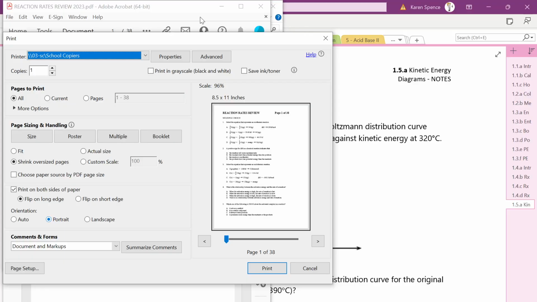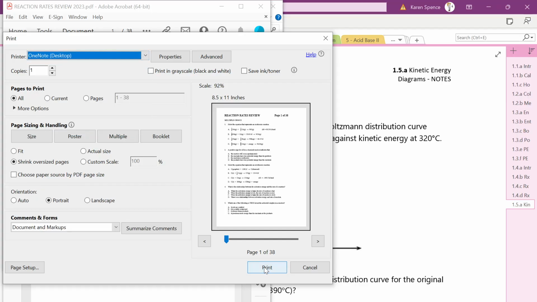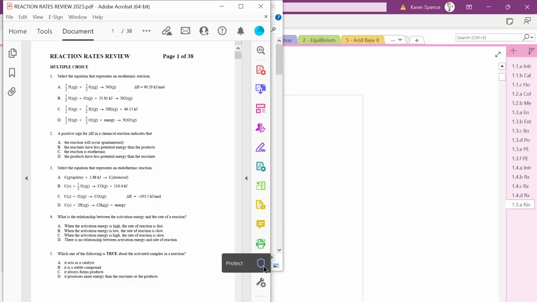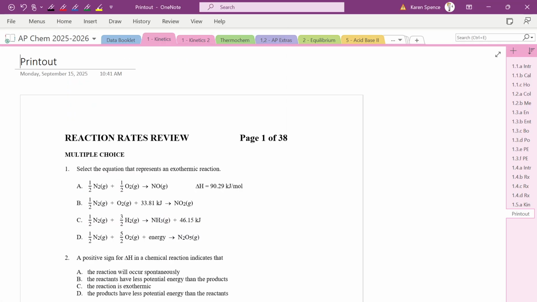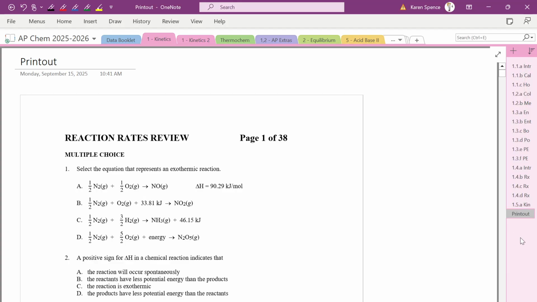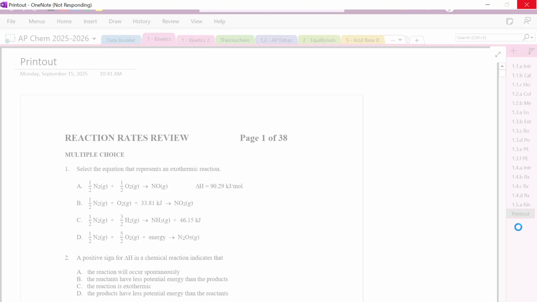Question 46. Page 12. Any others? Ooh, it has to think hard.